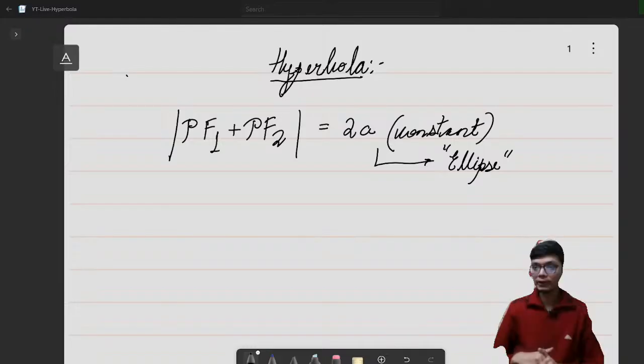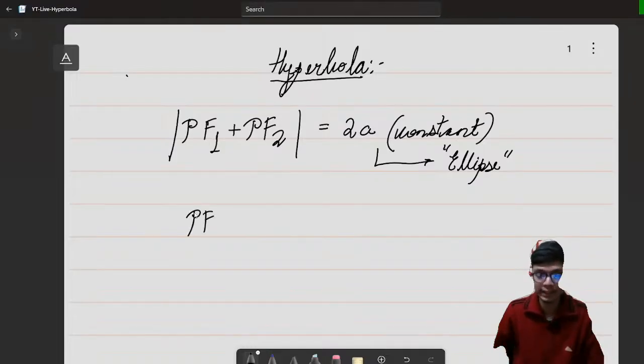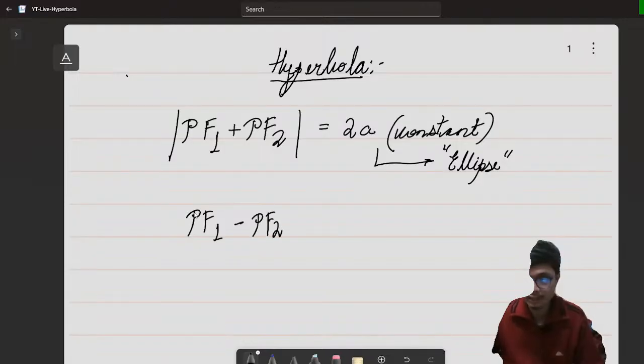If we talk about hyperbola, it follows one more condition: if you take the focal distance of a point on the hyperbola and subtract it from the other focal distance and take the mod of it, then for a hyperbola this will be a constant.